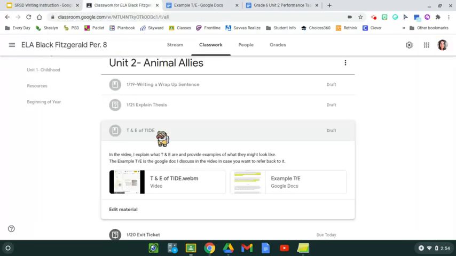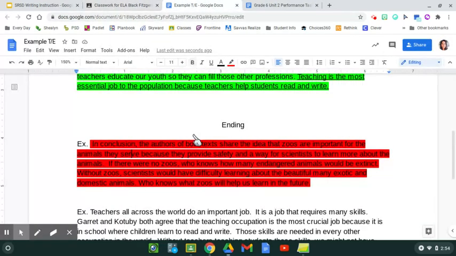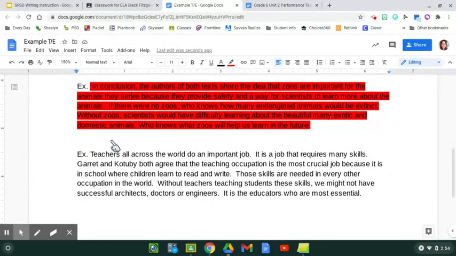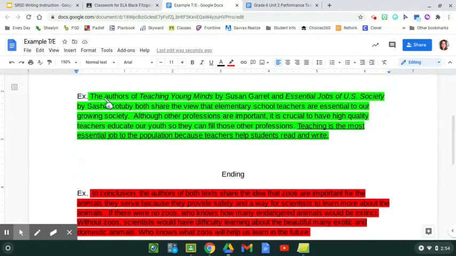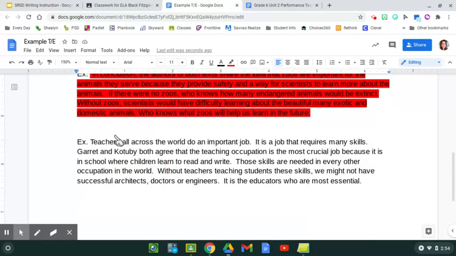Okay? So we highlight our ending in red. The next example of ending I want to look at relates back to the authors of teaching. Okay? So as if this were an essay, this would be the ending.